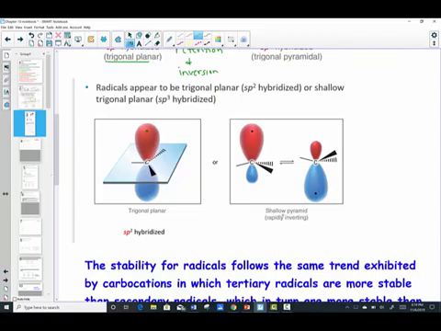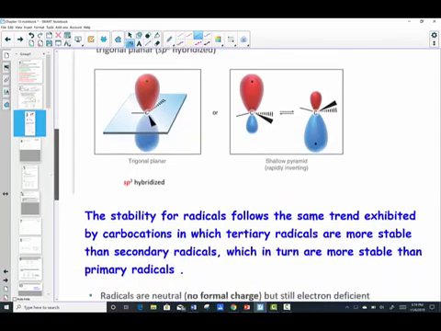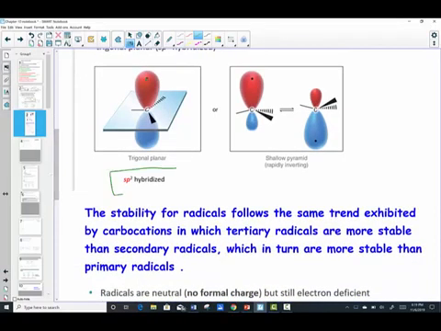But what happens really, just based on observation, is we've concluded it must behave more like sp2 hybridized, more so than sp3. And the reason we can say that is the mechanisms, these reactions that we're going to study, show both configurations of a chiral center.